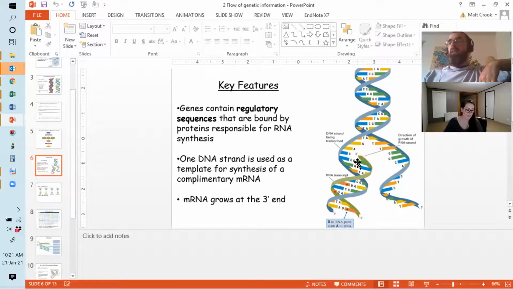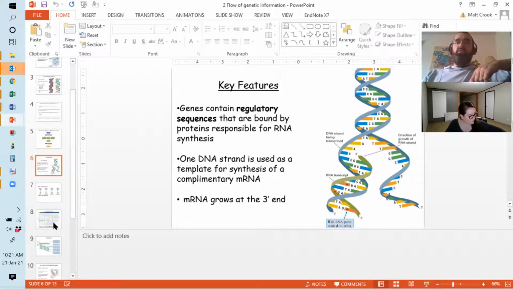And as with DNA, the mRNA transcript can only grow at the 3 prime end. So the gene is going in this direction from the bottom up to the top of the screen. The mRNA transcript is being extended from the bottom up to the top of the screen. So here's the start of the mRNA. Here's the growing end around here. And obviously, that double helix has to be opened up to enable access to that template strand.